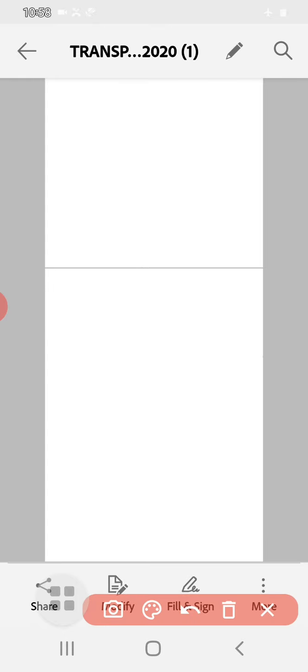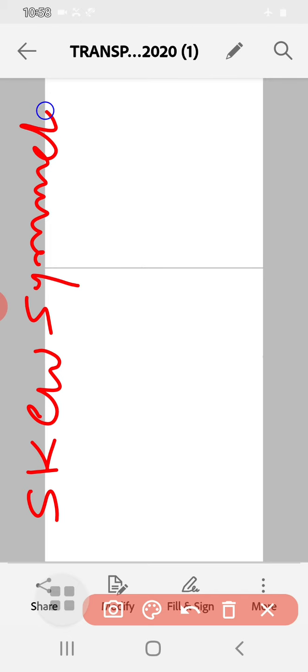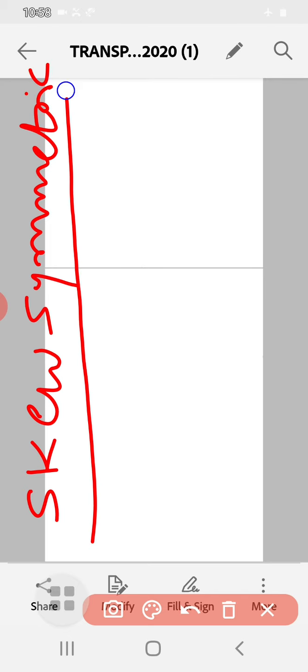Another type, which is very, very important here, is the skew symmetric matrix. Let us write the definition of skew symmetric. So what is the meaning of a skew symmetric matrix?